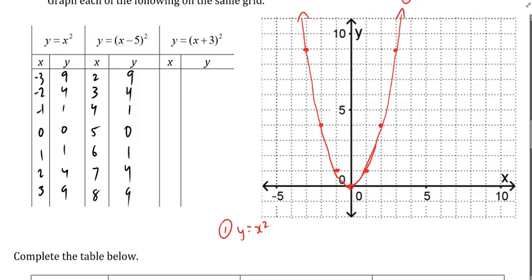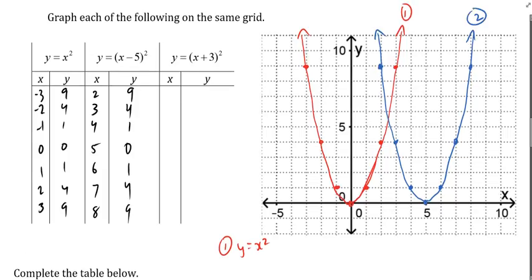Okay, so let's graph them. 2 and 9. 3 and 4. 4 and 1. 5 and 0. 6, 7, 8. If you take a moment and think about it, while you're putting that down, it's not the same as linear relations.